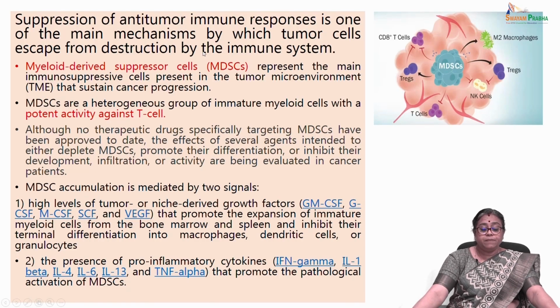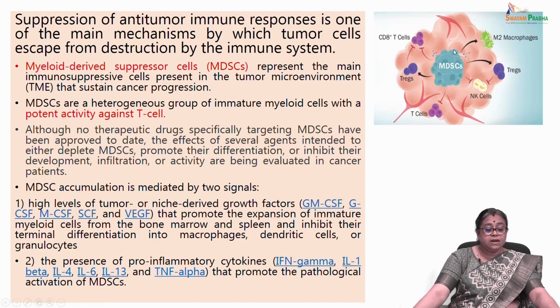Although no therapeutic agents that specifically target these MDSCs have been approved to date, as such, there are no drugs which can directly target these MDSCs. But agents which can prevent their differentiation and inhibit their development, infiltration, or activity are being evaluated.